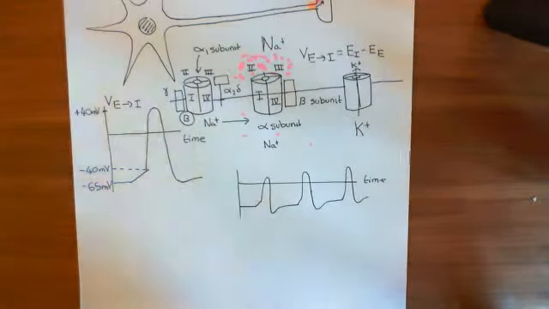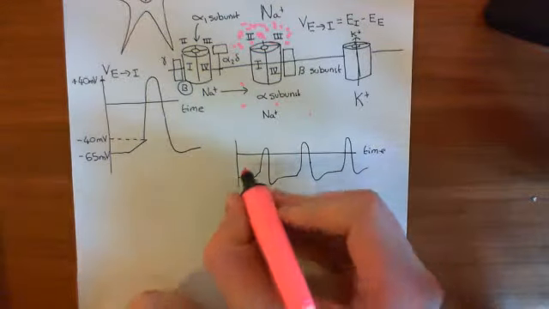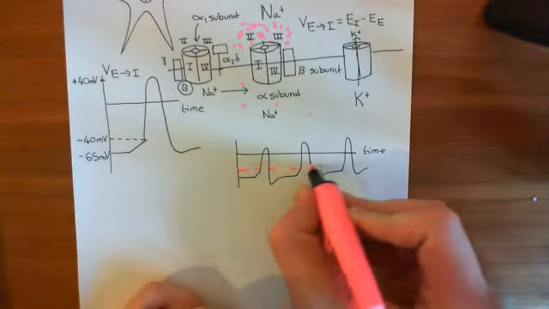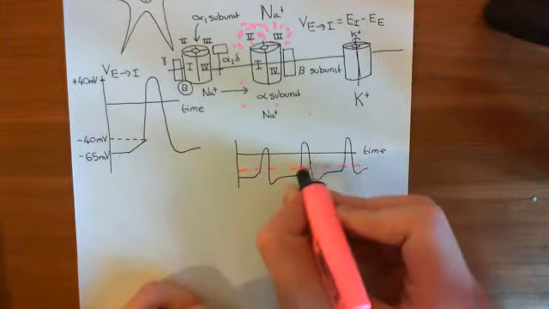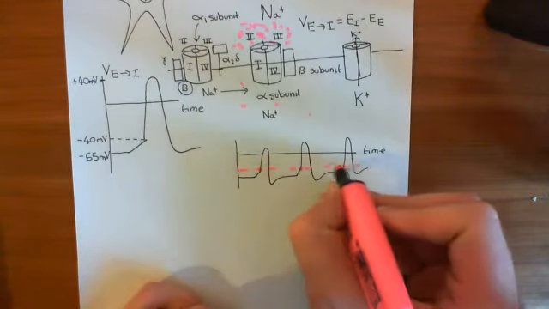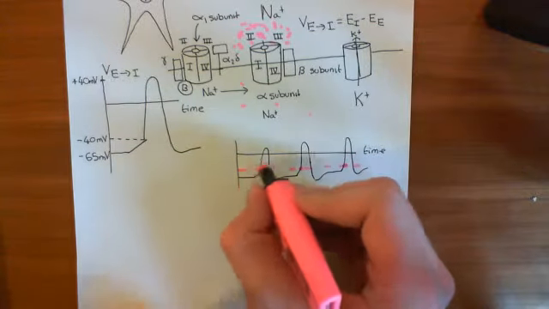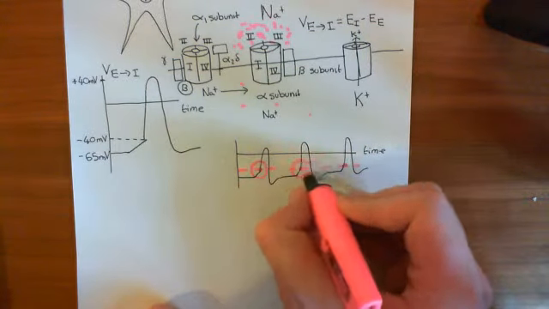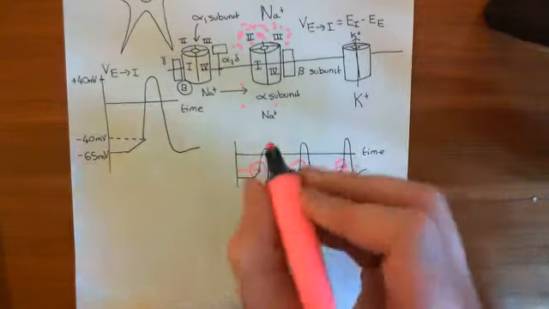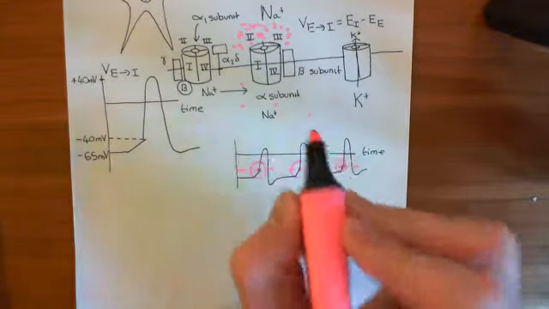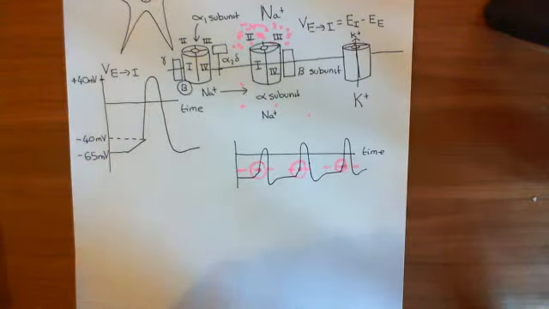So let's have a look on this graph where we get to threshold potential. If this is our threshold potential here, then we're going to activate these voltage-gated calcium channels continuously. Every time you get an action potential, we are going to be activating these voltage-gated calcium channels. So you're going to get periodic opening of this voltage-gated calcium channel.